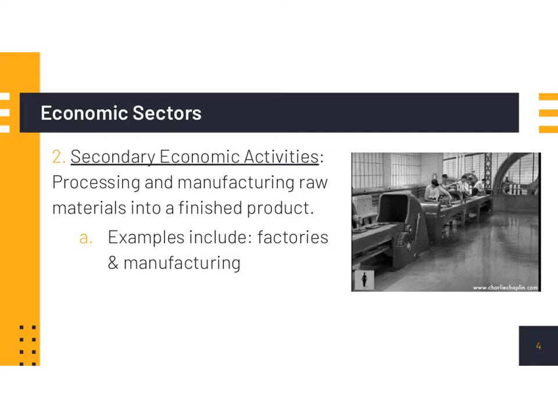Secondary is when you take multiple raw materials, you put them together and you manufacture something, you make something. So for example, if you are a cloth seller, what you're doing is you are taking cotton that comes from the primary sector. So cotton actually grows on a plant. Some students don't know that.